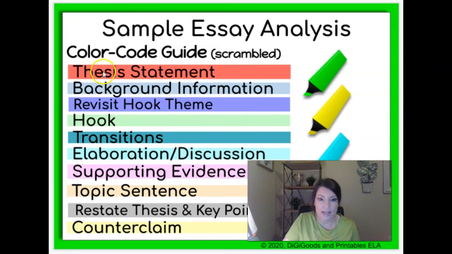Thesis statement is red and the background information is light blue, and so on. Don't worry, you don't have to remember these colors. You're going to have an image of these on the slide, every slide that you're working on. It'll be located just to the left of the actual slide and in the gray area, and you can look at it at any time.